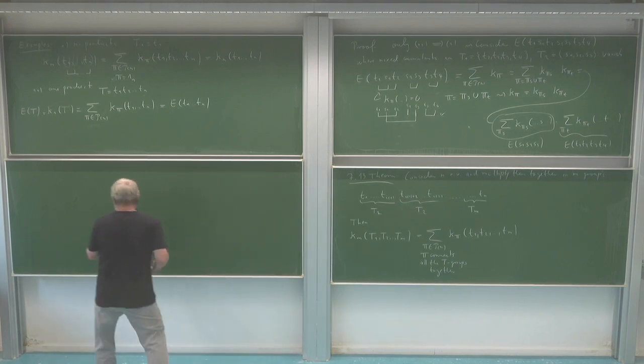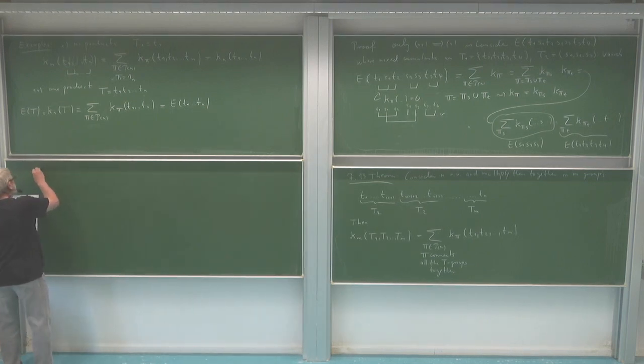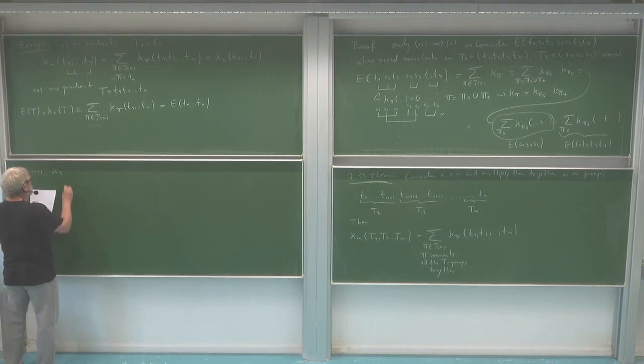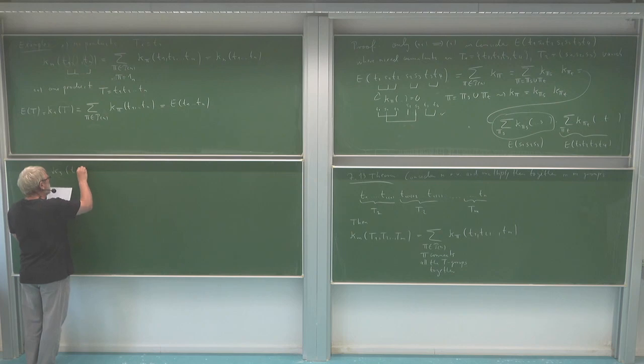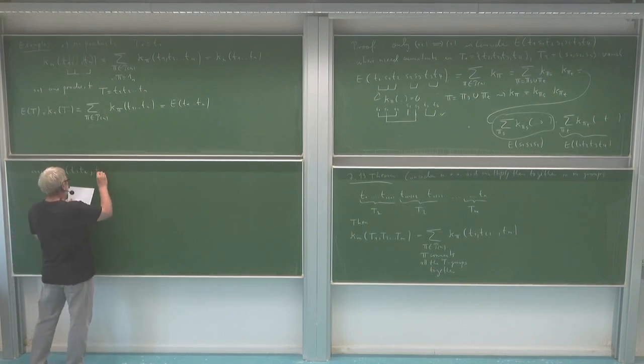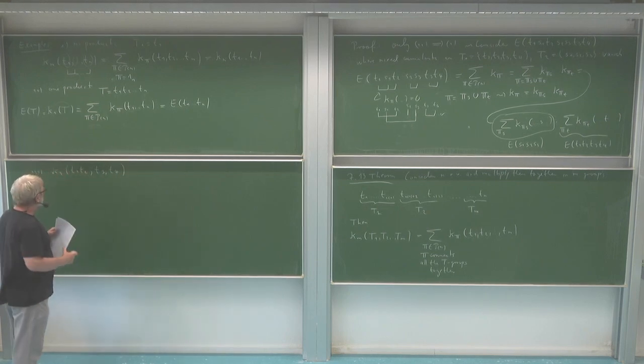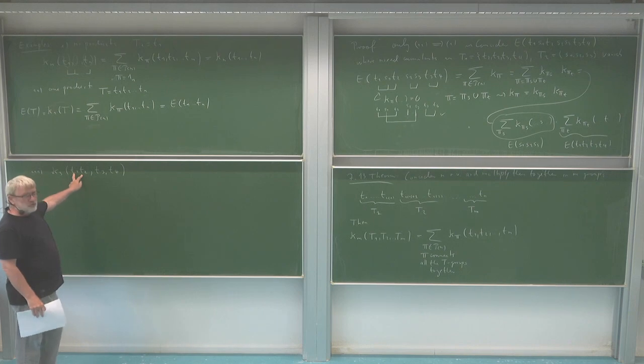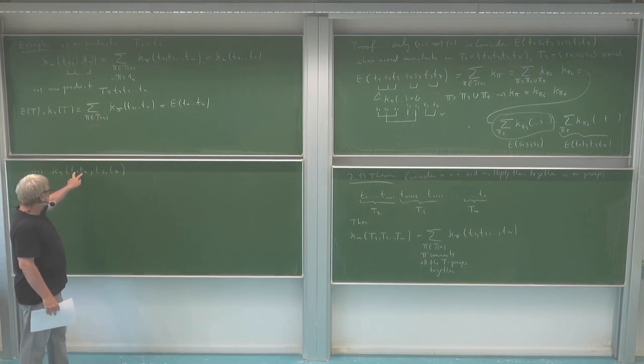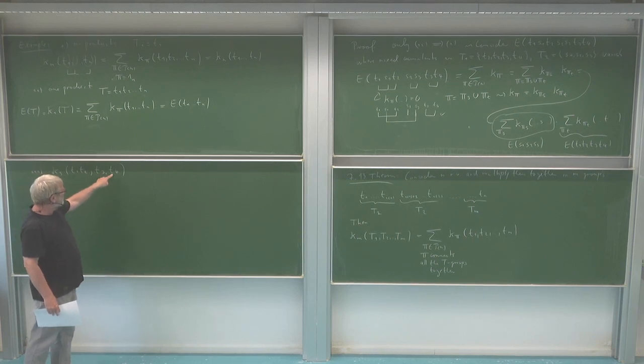So maybe a last example is if we do kappa 3, and now I'm multiplying the first two together, and then I have two more, T3 and T4. So I have a capital T1, which is the product of those two, then a capital T2, which is this guy, and a capital T3, which is this guy.